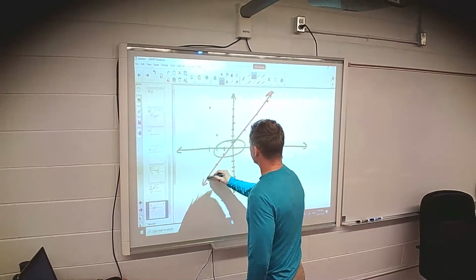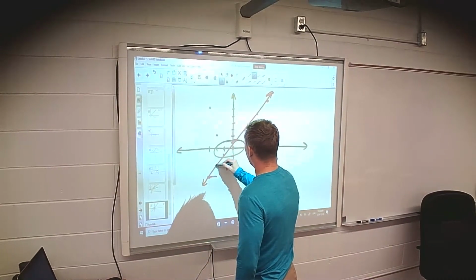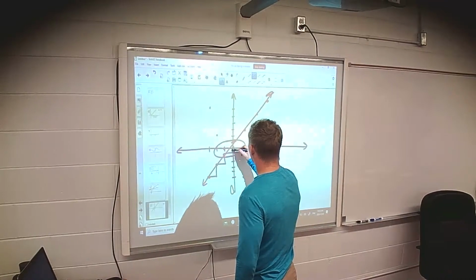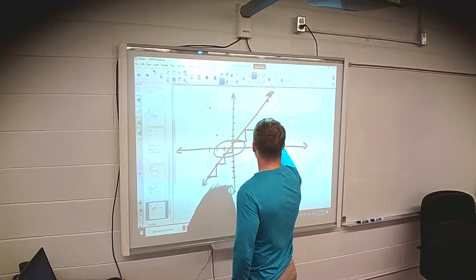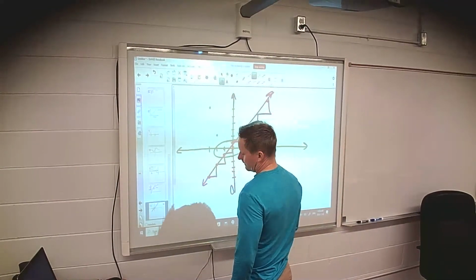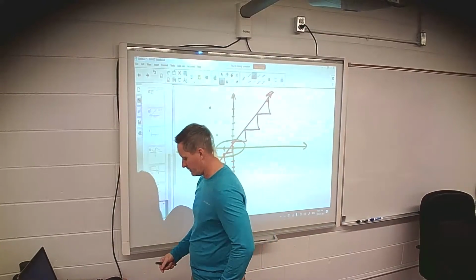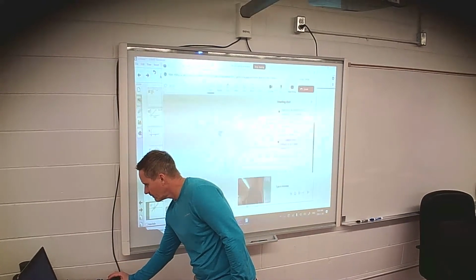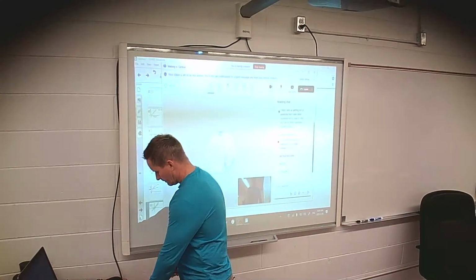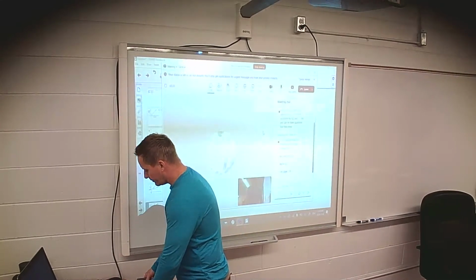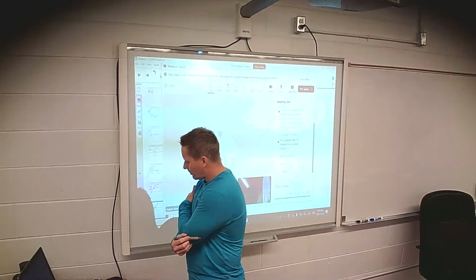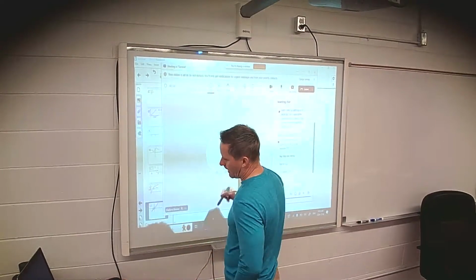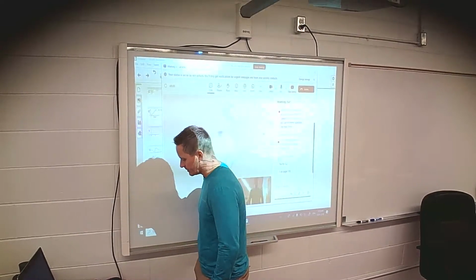So it consistently goes right 1, up 2, right 1, up 2, all the way this way. Therefore, it's a linear relation. And then you can do C and D now, I think. So just graph it and see if it gives you a straight line. If it doesn't give you a straight line, then it's nonlinear.